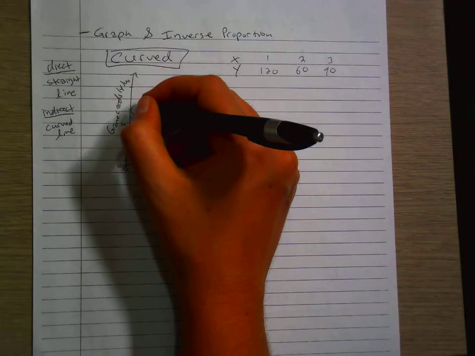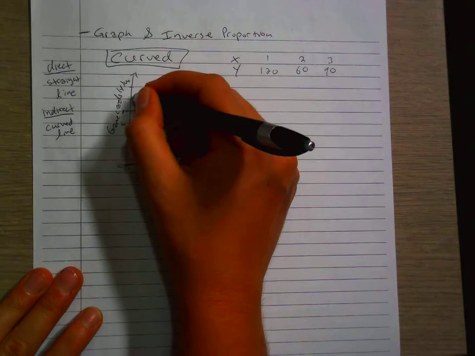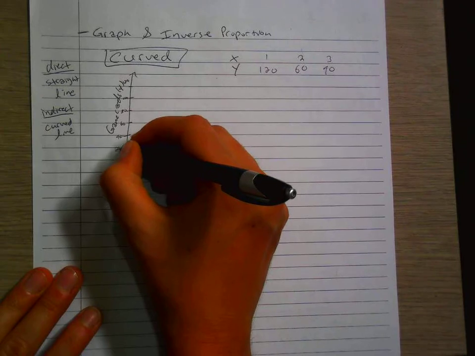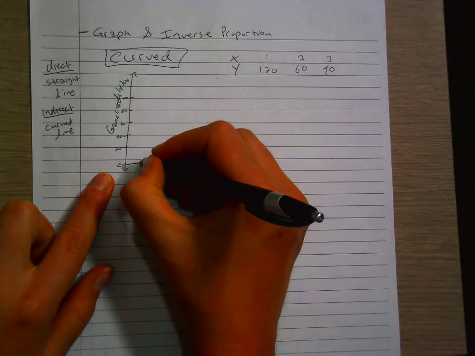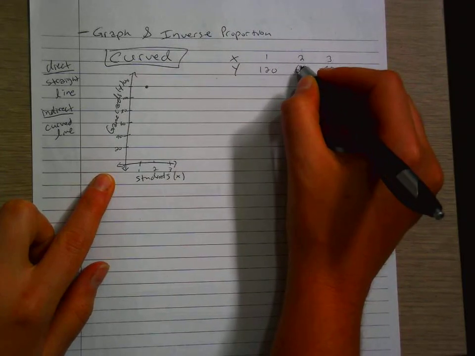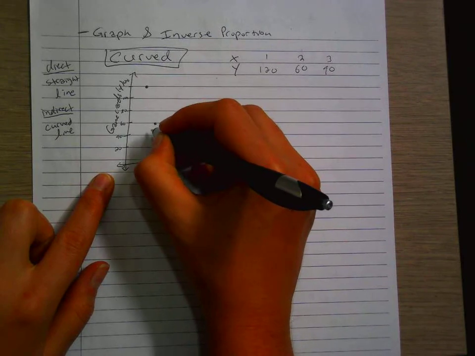So we could say 80, 100, 40, 20, and 0. Perfect. Now let's graph this. When it's 1, it's all the way up at 120. When it's 2, it is down to 60, and when it is 3, it's down to 40.